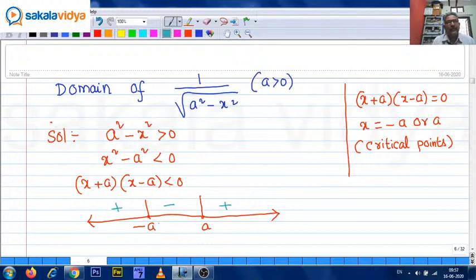But we need negative sign. Here to here we need to consider. And also here actually this is not included, not included and not included. Therefore we can write domain equals to open minus a comma a. This is very important. Both sides are open. Open minus a comma a.